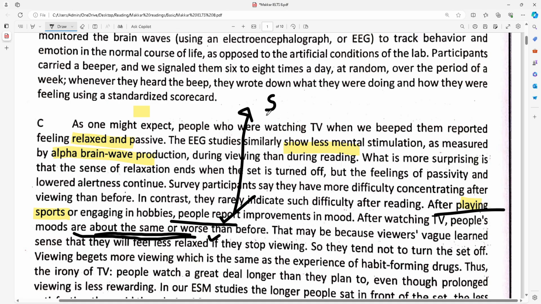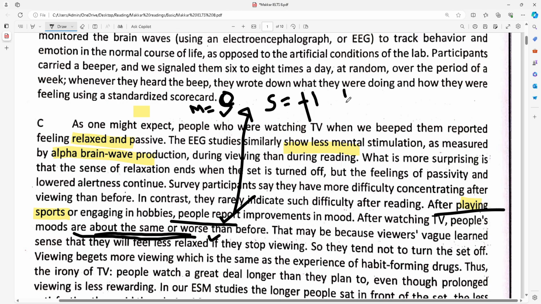If people play sports, let's assume if their mood was 0, or if they gave 0 rating to their mood, after playing sports there were some improvements. That means after playing sports, it was at least more than 0 when it comes to satisfaction.